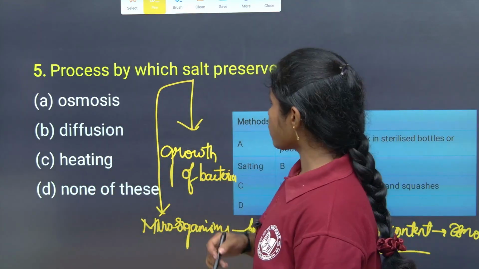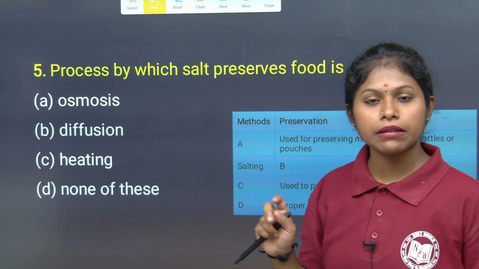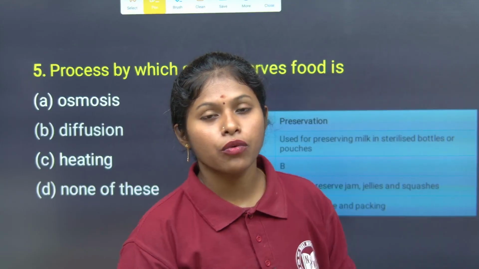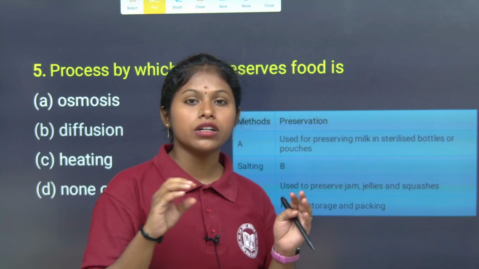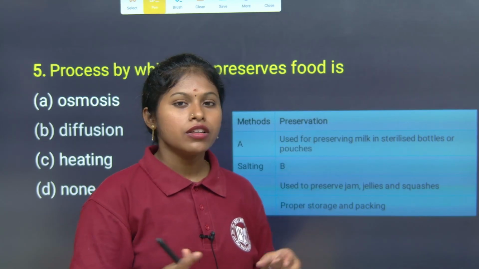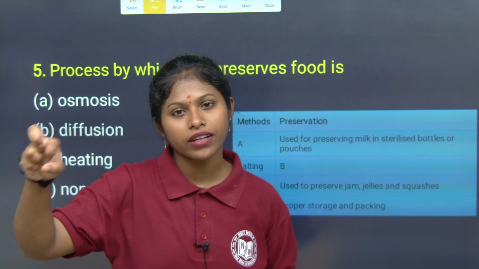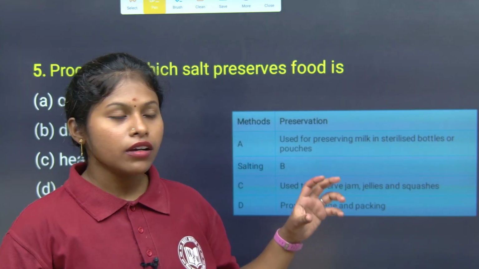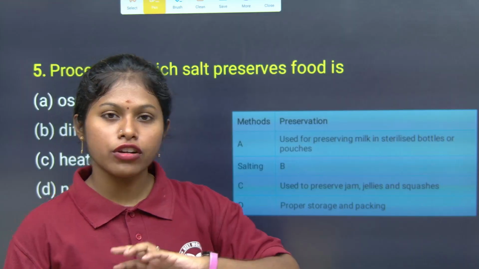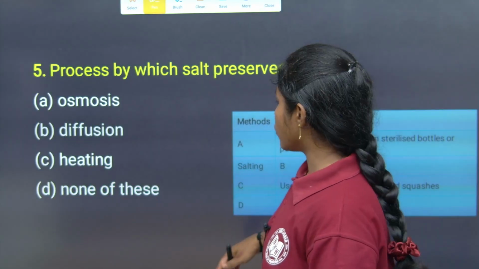So what is osmosis, children? Osmosis is nothing but the water solvent moving through a semi-permeable membrane from the higher concentration to the lower concentration. So salt makes the microorganisms lose water content from the food and does not allow the food to spoil.